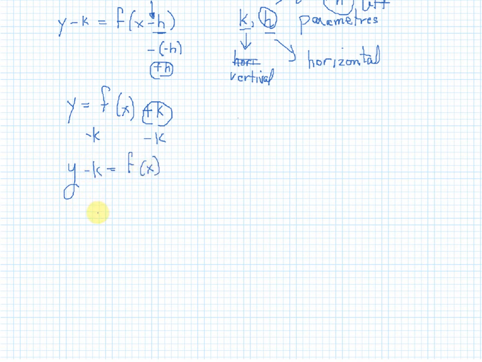So when it's on the left side of the equation, that gives us that counterintuitive, oh, we've got a subtraction, but it's moving it in a positive way. If it's an addition, it moves us in the negative way, and so we just need to pay attention to that particular detail.